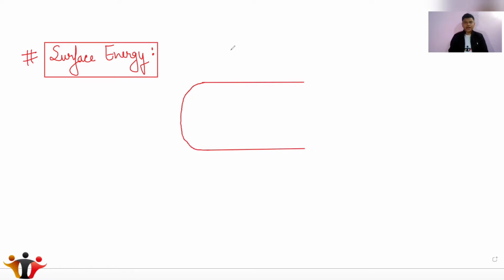We have a slider over it. Suppose this is a slider, and initially there was a thin film of soap solution here.